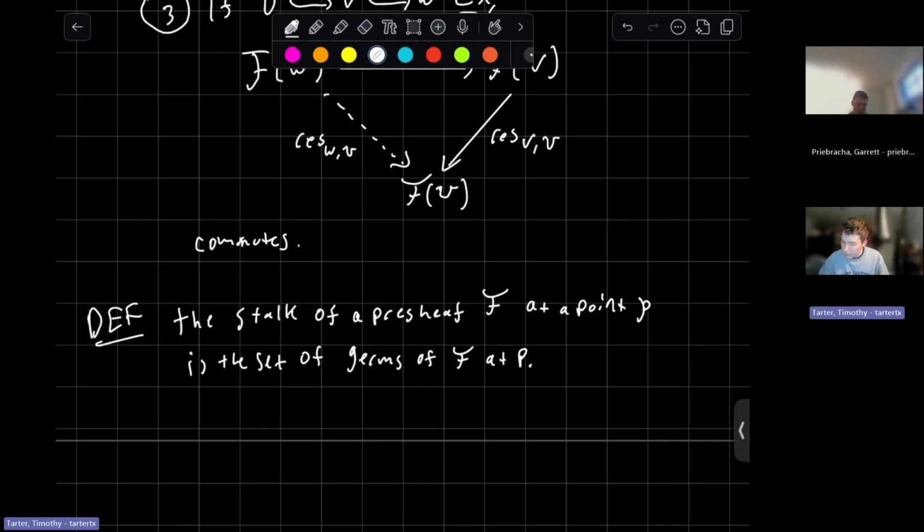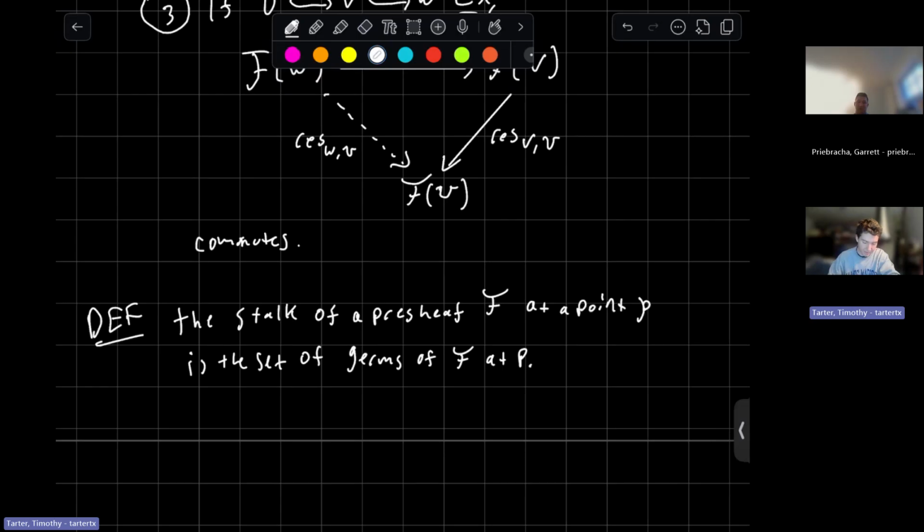This is literally the same definition as the local ring at P. Germs correspond to sections over some open set containing P, and two of these sections are considered the same if they agree on some smaller open subset containing P. Oh, I see.